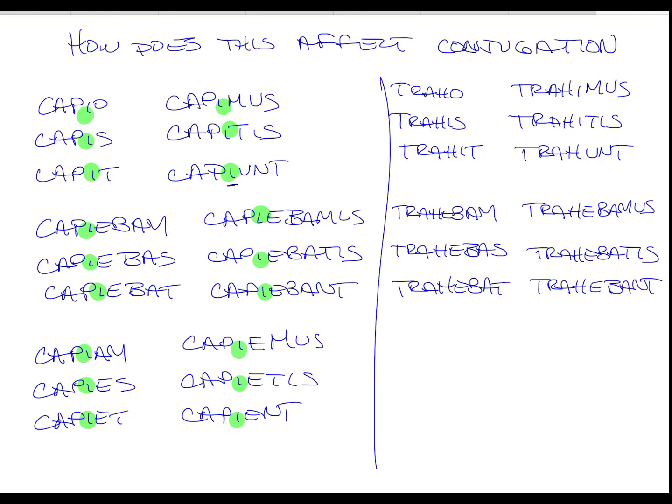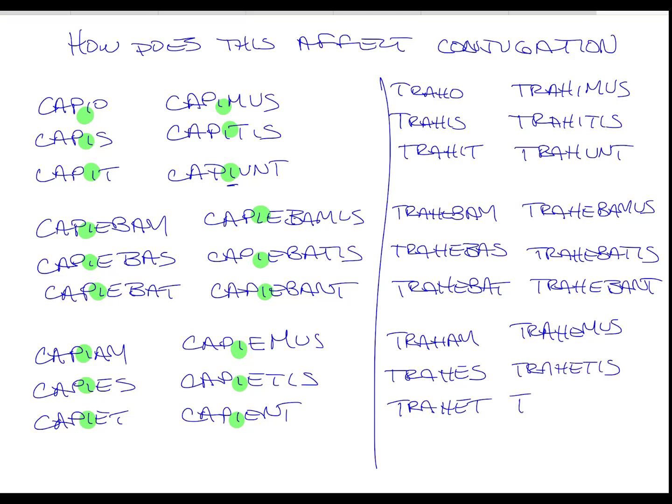And let's do the future. Traham, trahes, trahet, trahemus, trahetis, trahent. Okay, got a little sloppy there at the end, but you know what I meant.